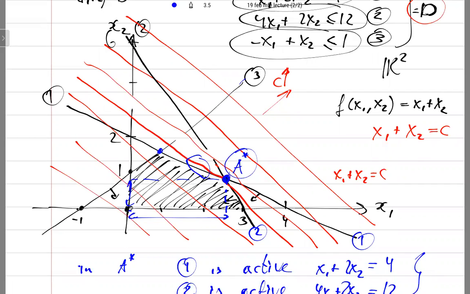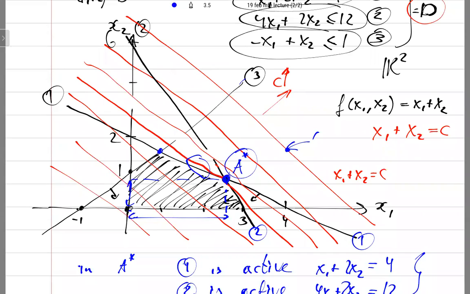Yes, my plot is not perfect. The lines are not straight. You can see that my red lines are not exactly parallel. But what is the qualitative feature? The important point: what is the slope of this function?